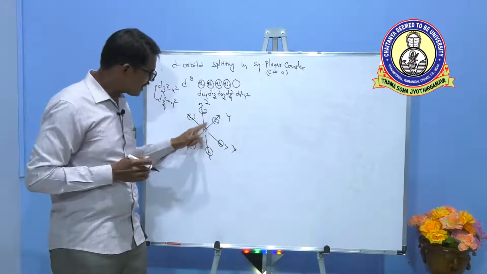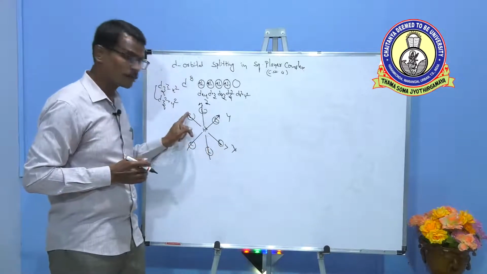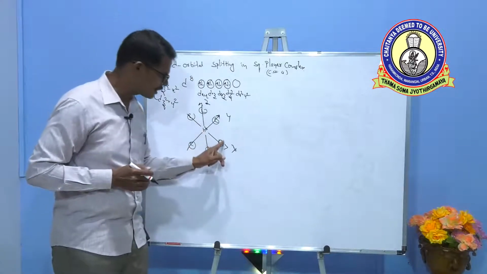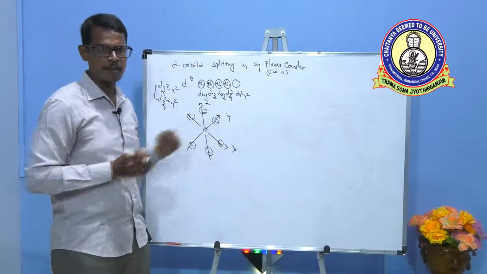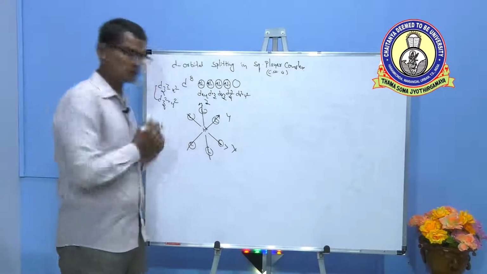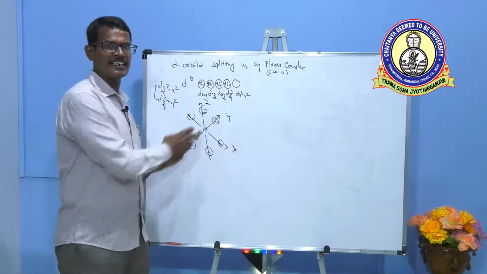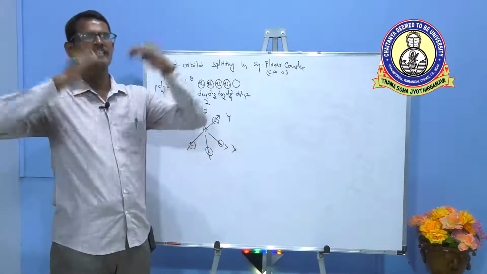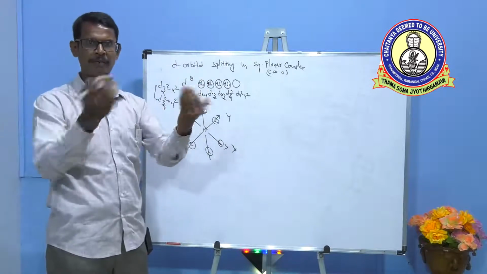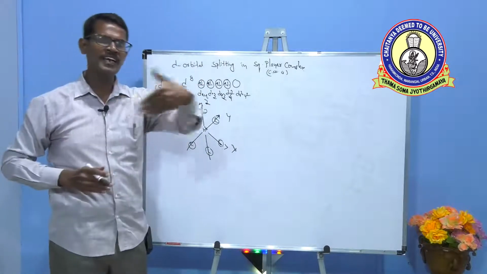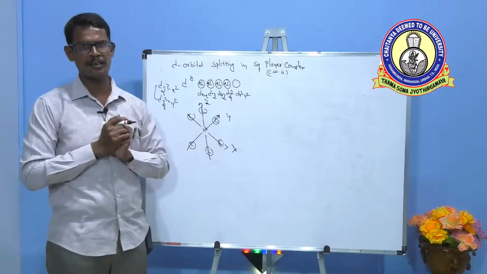The metal ion attracts the ligand donor atoms by its positive charge, because the ligand contains negative charge and the metal ion contains positive charge. This positive charge is distributed equally along the x-axis, y-axis, z-axis, because the nucleus is globe shaped. X-axis same charge, y-axis same charge, z-axis same charge.